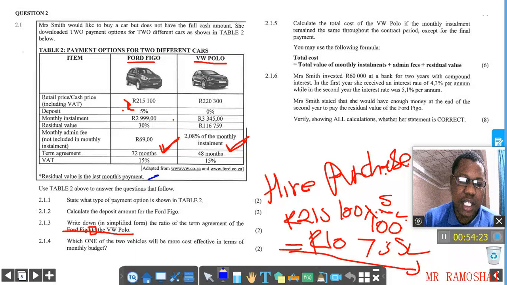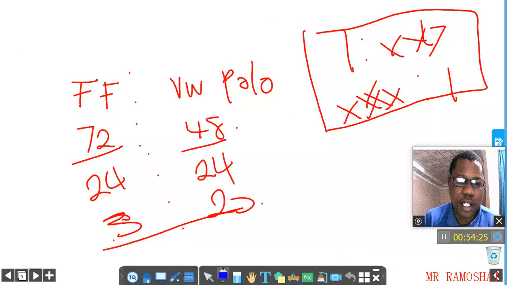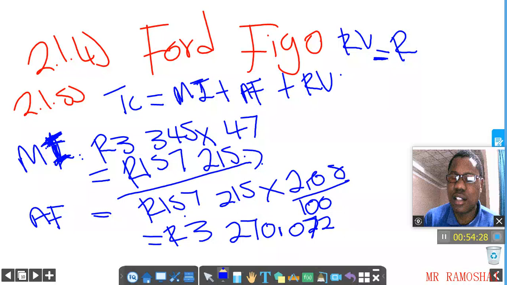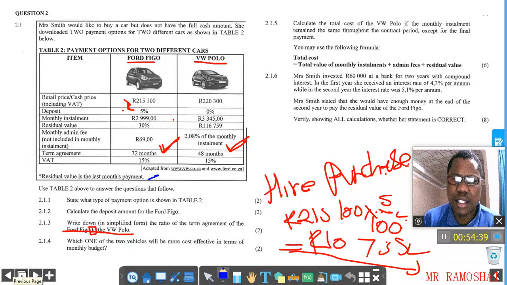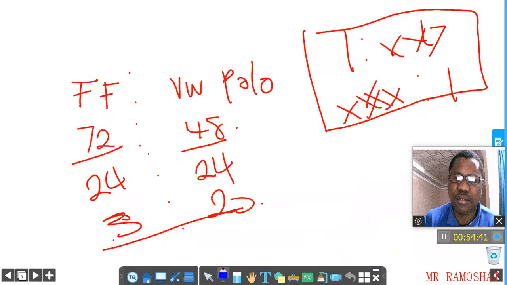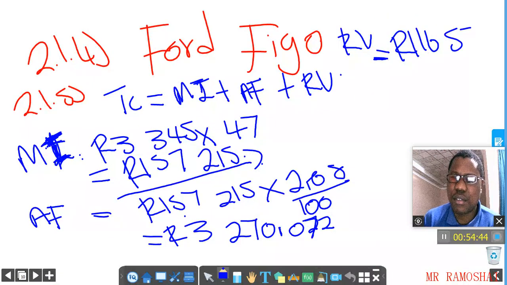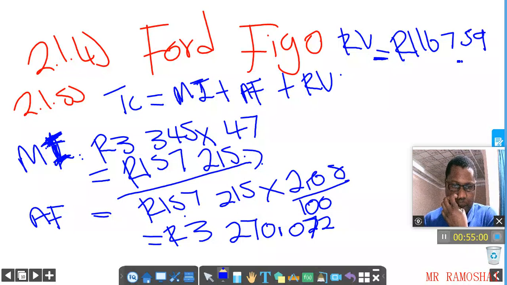So we don't have to calculate, it is already given.